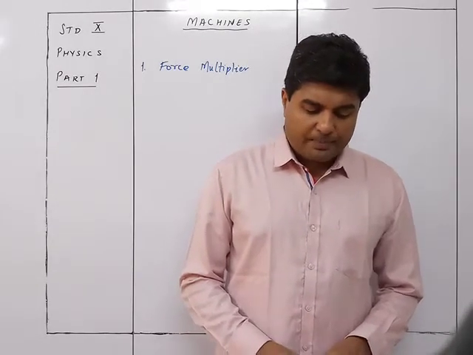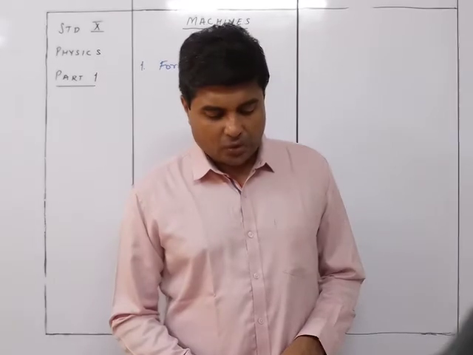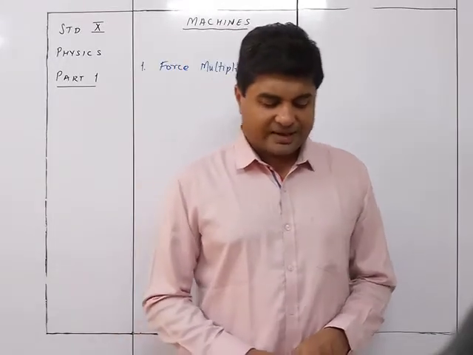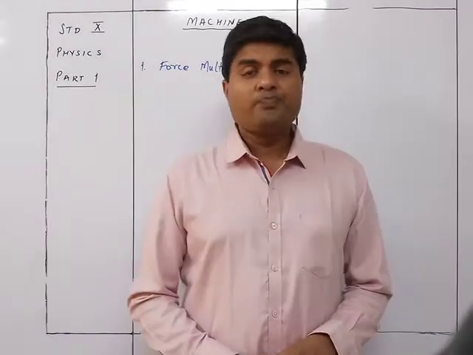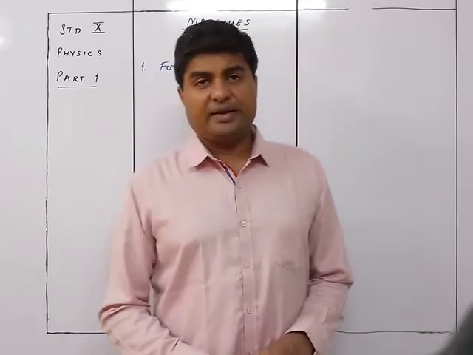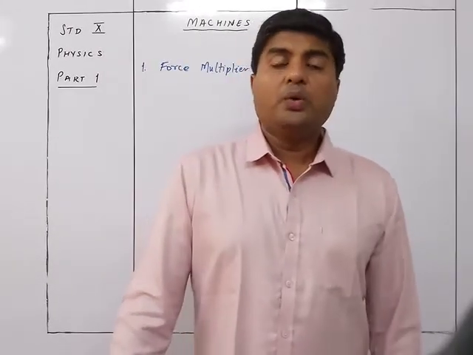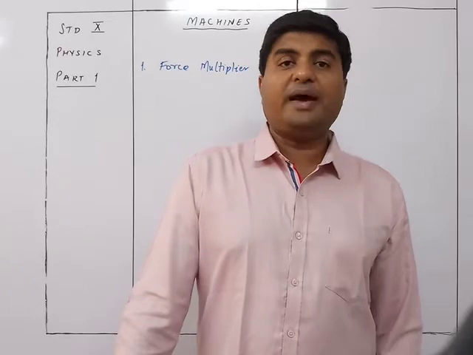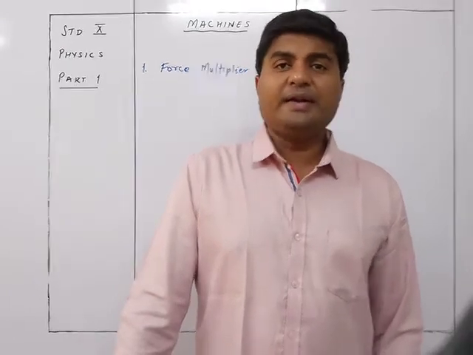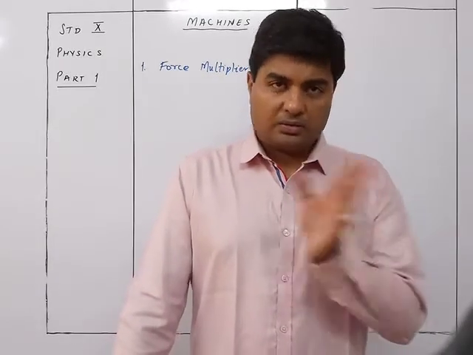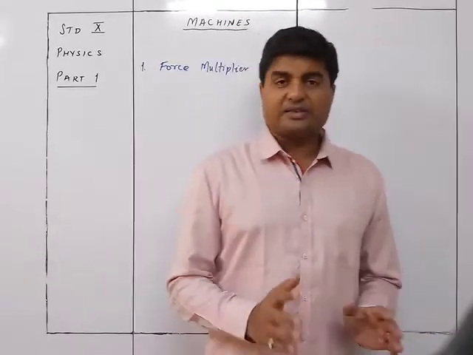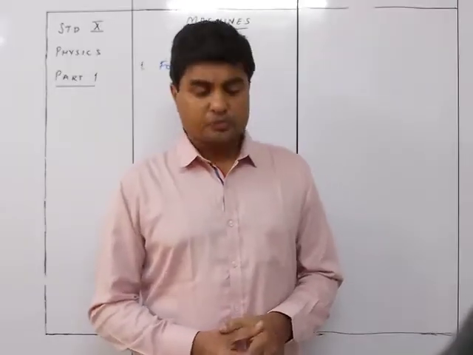In all the examples, the effort is much less than the load, so the machine acts as a force multiplier. Whenever the effort is much less than the load, we say it is a force multiplier. We will go into the detail of these in the next section, but right now we are just understanding an example of a force multiplier.